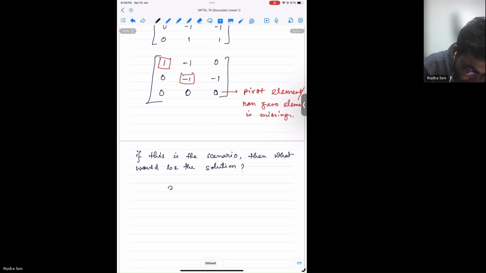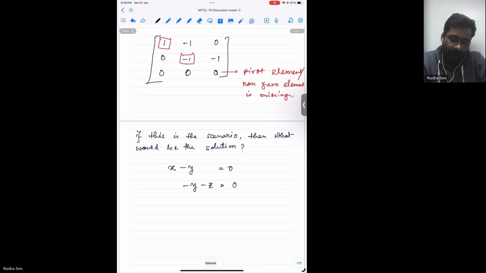That means x minus y equals 0, and then minus y minus z equals 0.